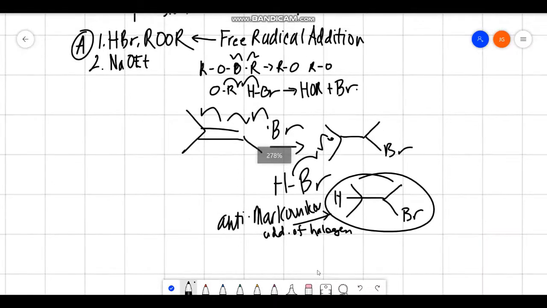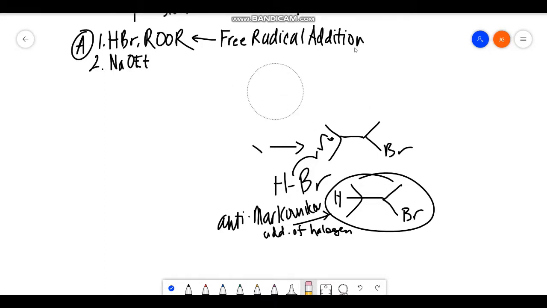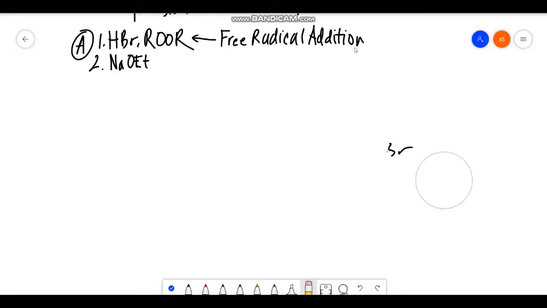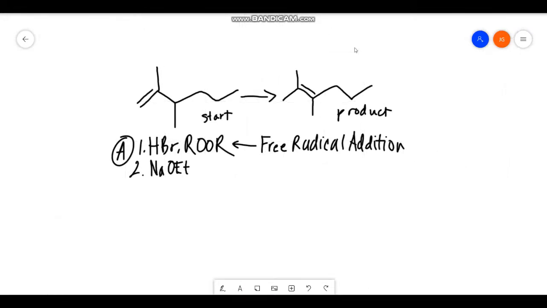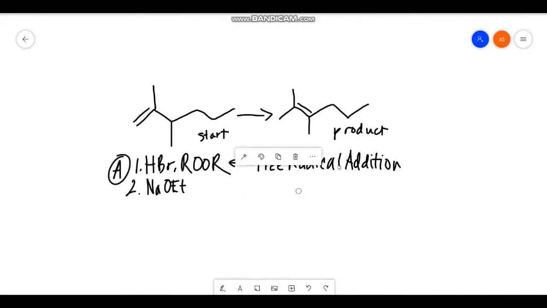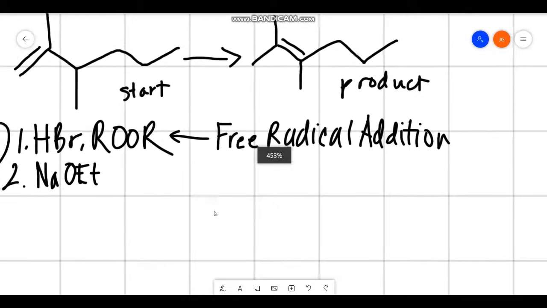Sorry I spent so much time on that. That's just in case you wanted to see how this free radical addition reaction works. Otherwise, you can just remember that it's the anti-Markovnikov addition of a halogen. So that's going to allow us to figure out what happens here pretty easily.